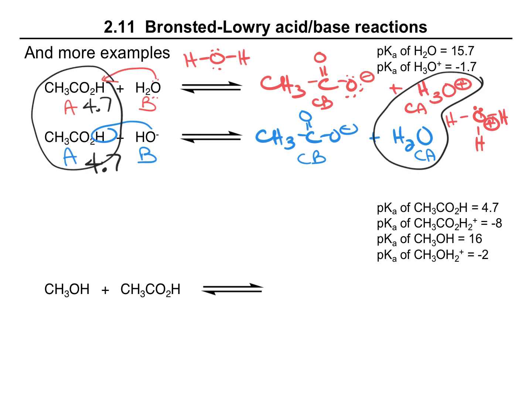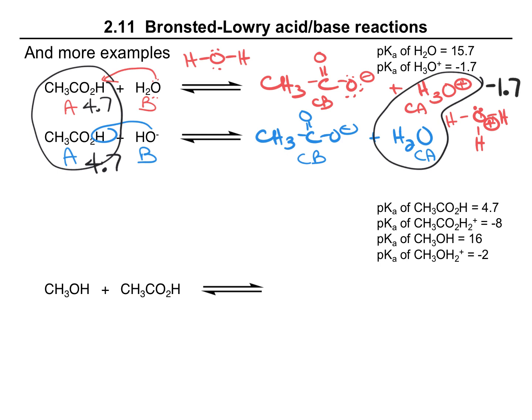And what about water? Here we have the pKa of water is 15.7. But wait a minute, this is our base. This is our acid. We are using H3O plus as our conjugate acid, so we don't care about the pKa of water. We need the pKa of H3O plus. So the pKa of H3O plus is negative 1.7.